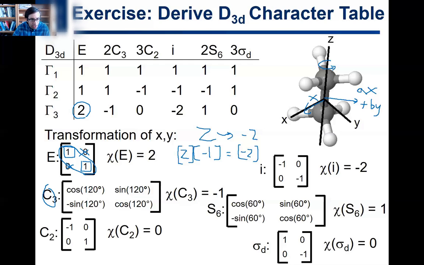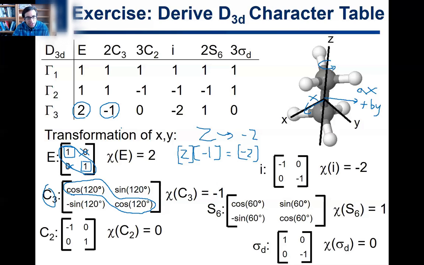Here, the character is going to be cosine 120 plus cosine 120. Again, it's just the trace. And you're going to have to remember your unit circle trigonometry here. Luckily, there's only so many. But cosine of 120 is -1/2. So essentially, you have -1/2 plus -1/2. That gives you -1. And that gives you your answer.